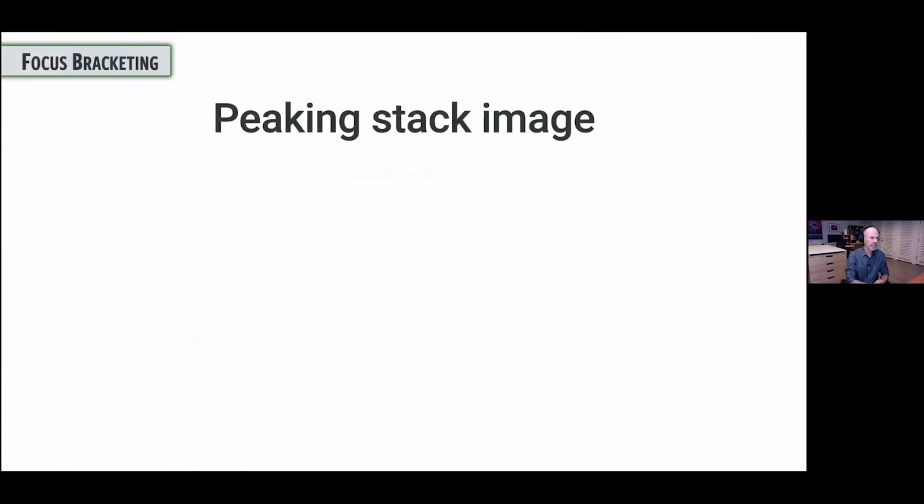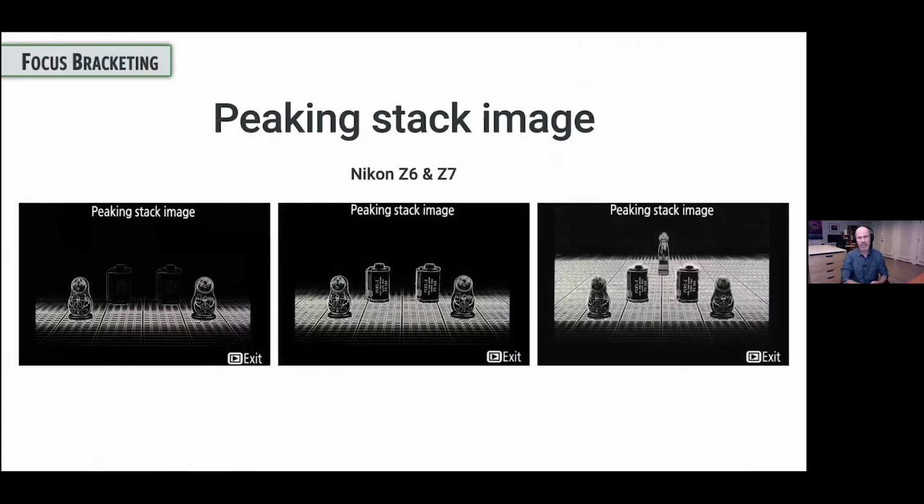Now, strangely enough, there is a couple of cameras, the Z6 and Z7, and not the Z6 II and Z7 II, that would show you a peaking stack image, which would show you how you were doing with your stacking of your images and how much you were getting in focus.